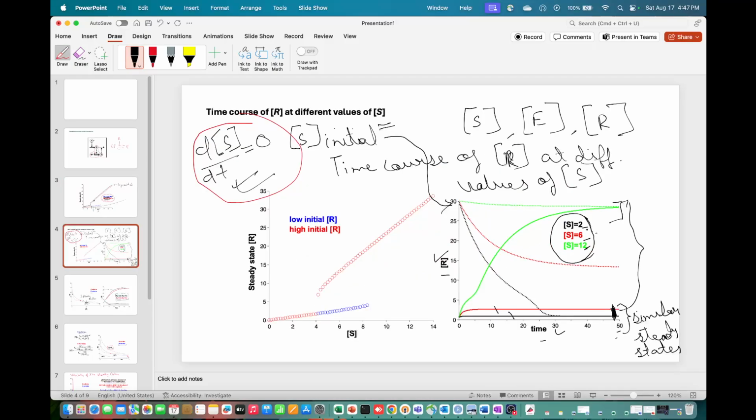Next, for different values of S, S contributes to the behavior of R. So for different values of S, the behavior of R for degradation and production will change. I only talked about the production. So production is this one, degradation will be this one. If you see, it is not getting degraded much and it is producing at a very high level.